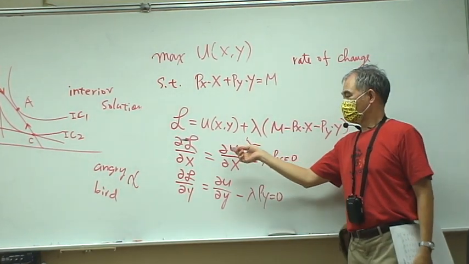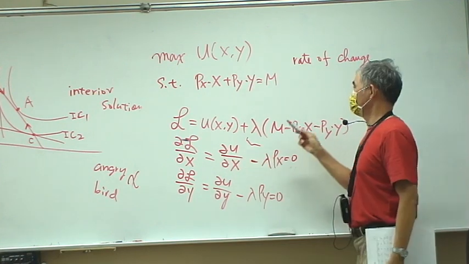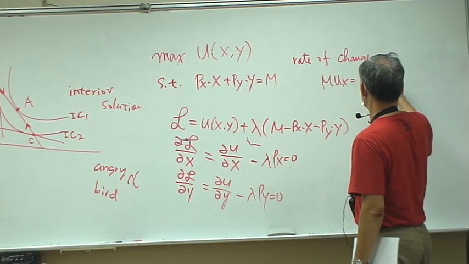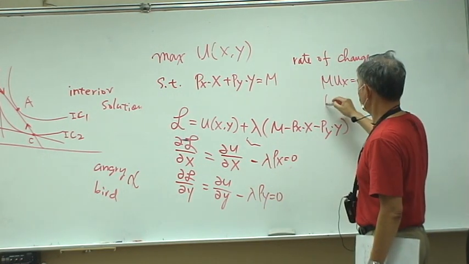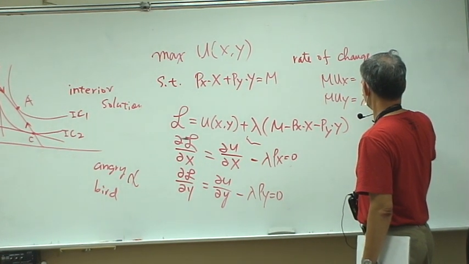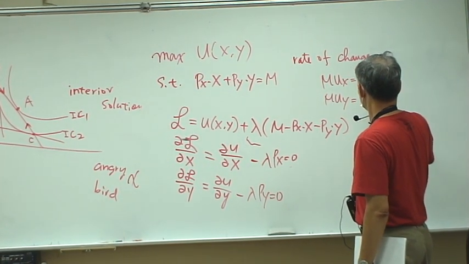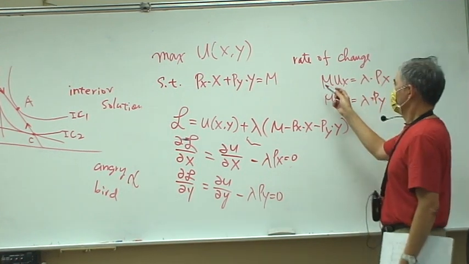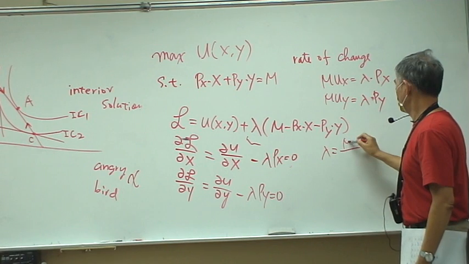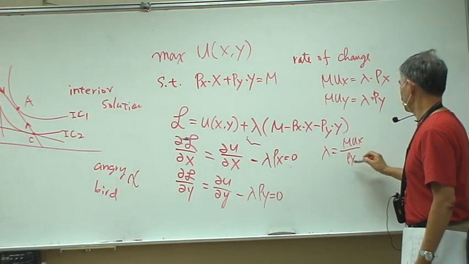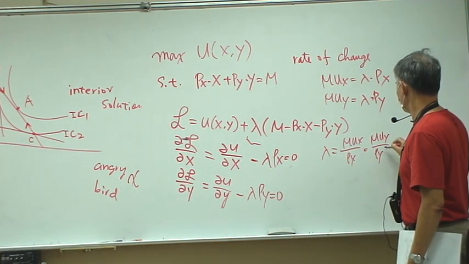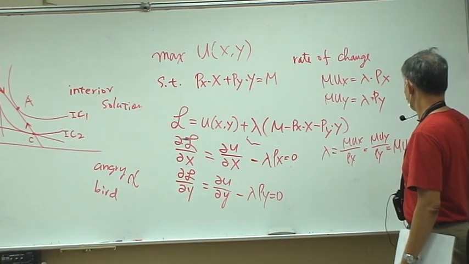So partial u, partial x, this is called MUX. So MUX is equal to lambda times px. And here you have MUY equals lambda times py, okay? So then lambda is equal to MUX over px, is equal to MUY over py, is equal to marginal utility per dollar.